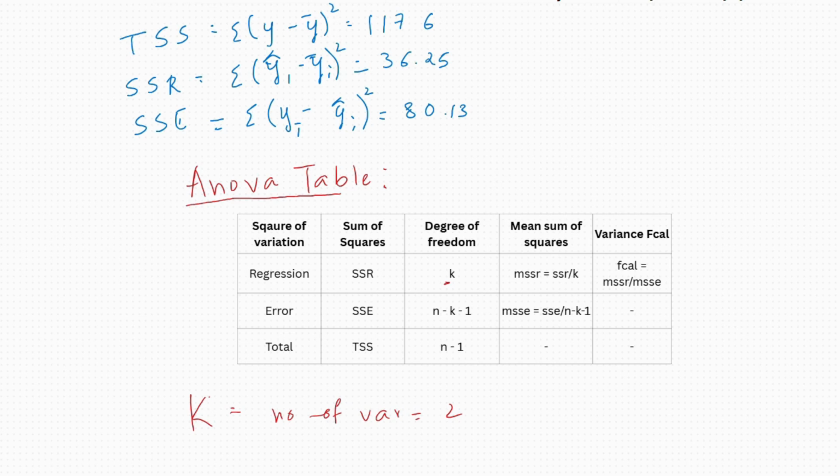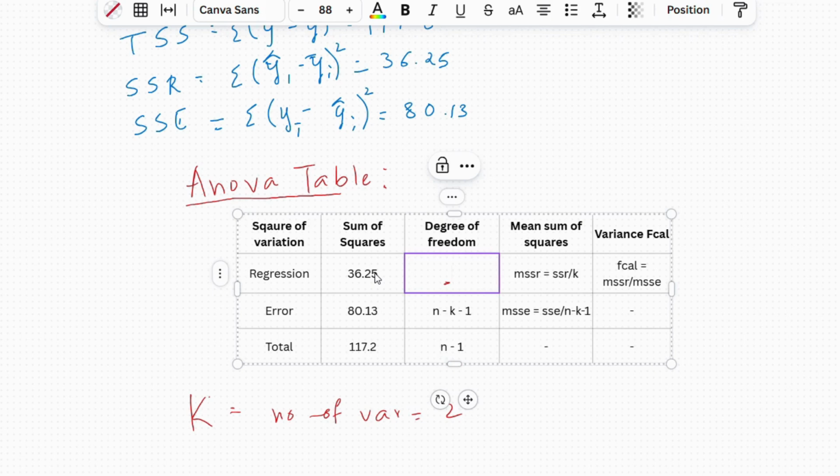For SSR, k is 2. For SSE, n minus k minus 1 with n as 12 gives 12 minus 2 minus 1, which is 9, and the total is n minus 1, which is 12 minus 1, which is 11.